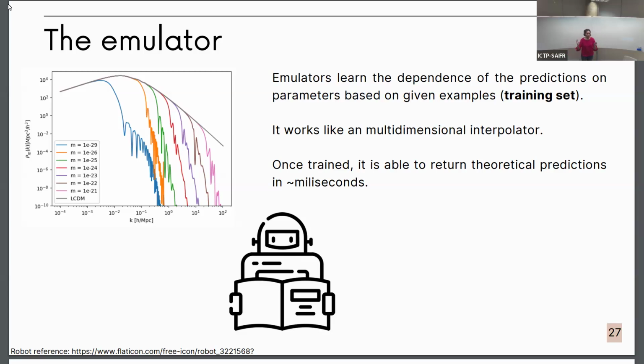In the end, it works like a multidimensional interpolator. So you give it many examples, and it learns the patterns of how your observables depend on the parameters. And the nice part is that once your emulator is trained, it can give you the theoretical predictions in a matter of milliseconds. So it's a huge improvement in speeding up the predictions.